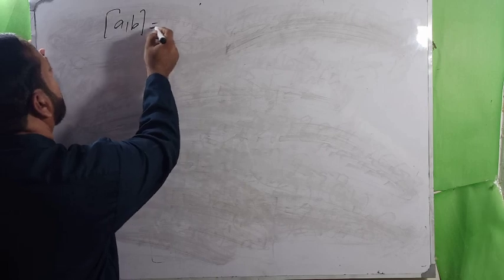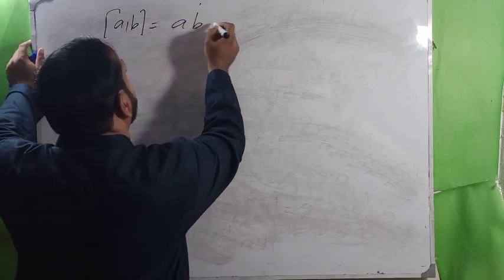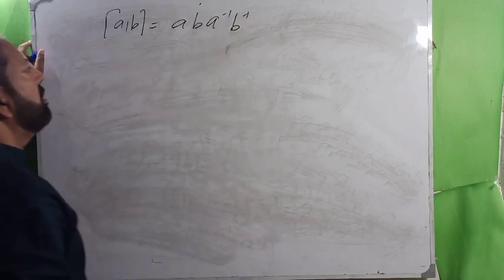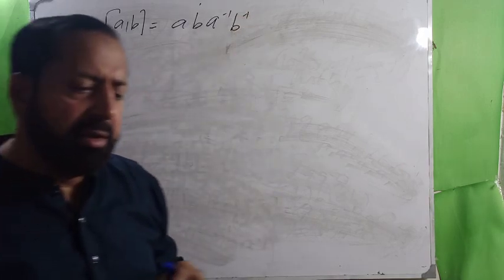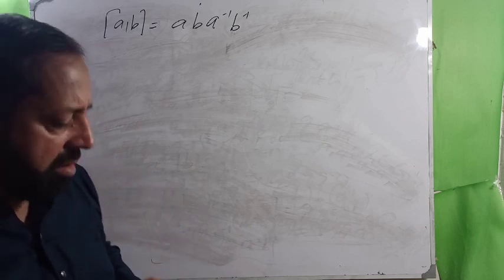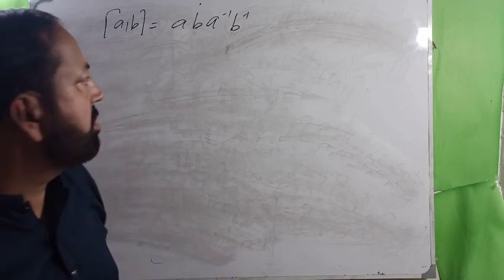You know that the commutator is A, B, A inverse, B inverse. This is just for information. Maybe we will use it in some results.